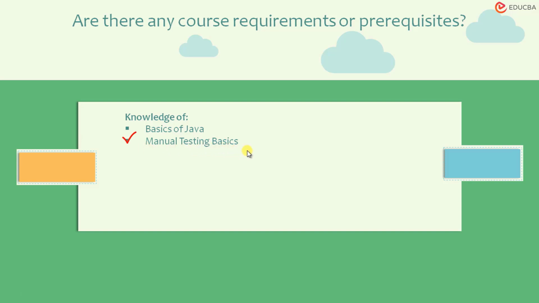Manual testing basics. Since REST assured Java is more focused on testing, we are not doing any sort of automation testing here exactly. What we are doing is creating test cases. So we have to maintain the test cases in our manual testing way also.